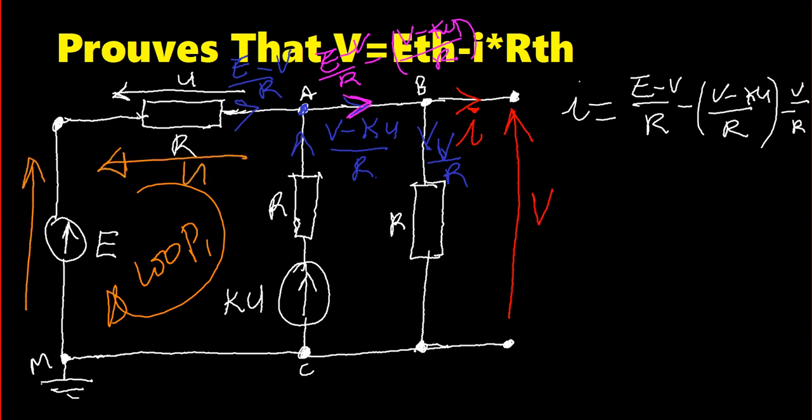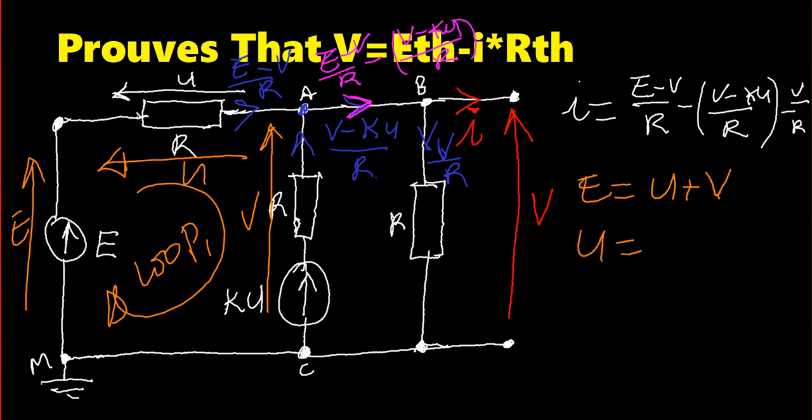Here is U and here is E, and the voltage across this branch is equal to V. You can simply write E is equal to U plus V. This implies that the unknown U is equal to E minus V. Let's call this equation 2 and this other one equation 1.